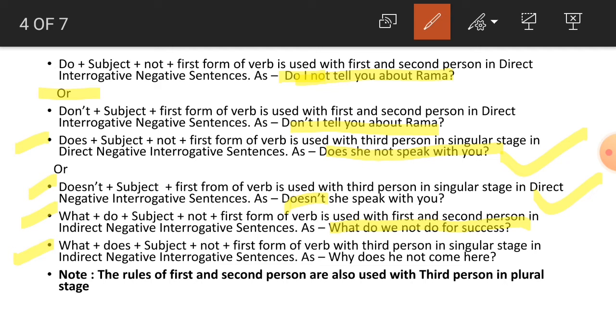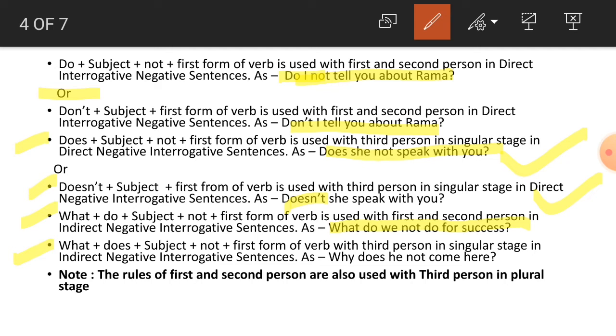Next, what plus does plus subject plus not plus first form of verb, with third person in singular stage in indirect negative interrogative sentences. I think, students, you know very well, here is the matter of subject.